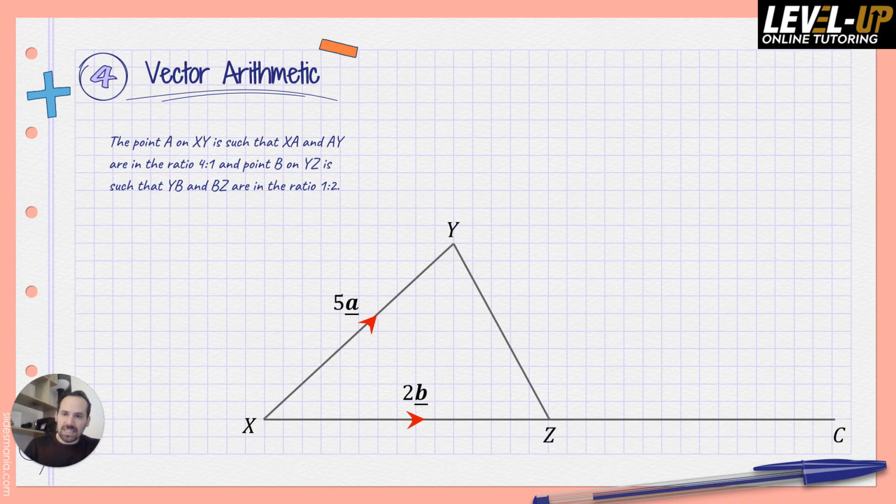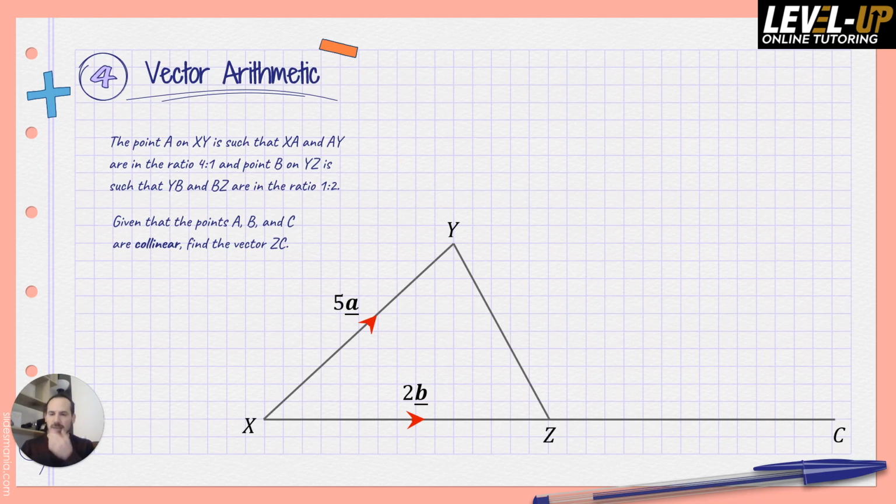Point B is on YZ, such that YB and BZ are in the ratio 1 to 2. So okay, let's start putting this information in. Oh no, sorry, we've got one more piece of information. Given that the points A, B, C are collinear, find the vector ZC.